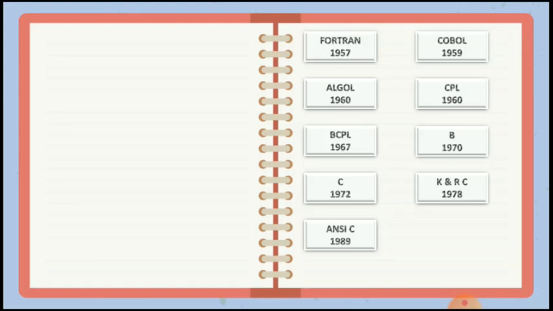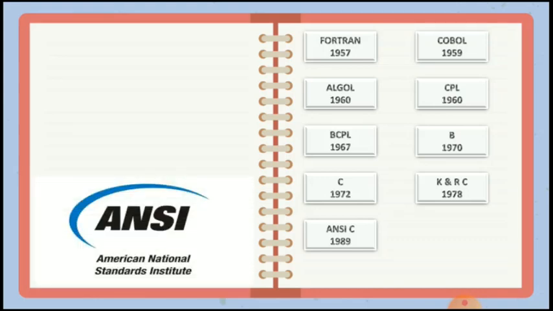In 1982, a committee was formed by ANSI, that is American National Standards Institute, to standardize the C language.